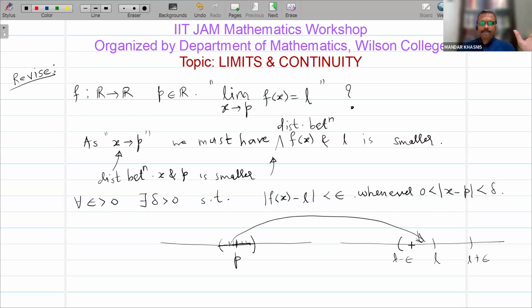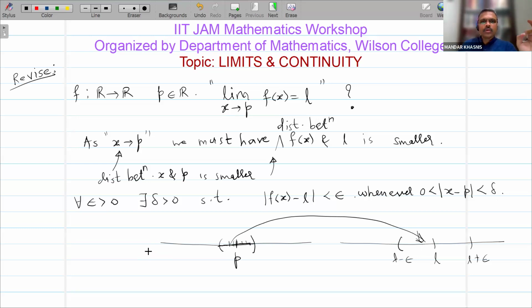This is the idea. In other words, the points which are very close to p should have their images very close to L.